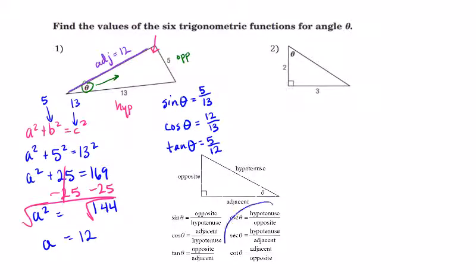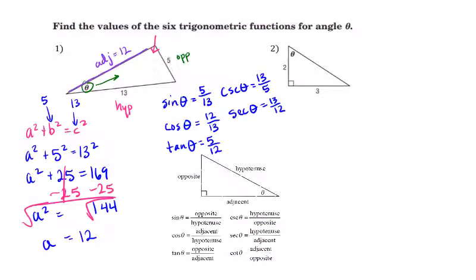So now let's find the reciprocal functions. So cosecant, all I have to do is flip this over, right? Cosecant is the reciprocal of sine, so it's just going to be 13 over 5. Secant is the reciprocal of cosine, and so it's going to be 13 over 12, right? Or hypotenuse over adjacent.